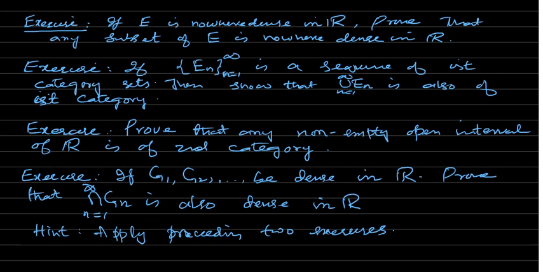So next we have a definition. That's the definition of characteristic function. Let's define this function, notation is by chi.